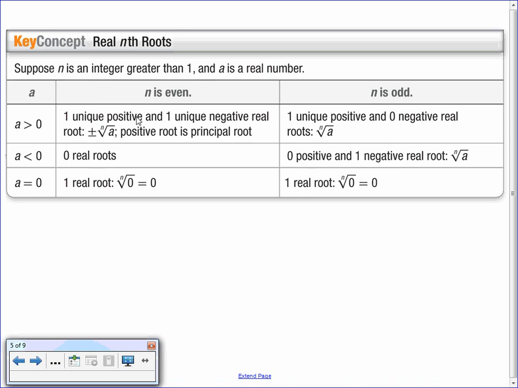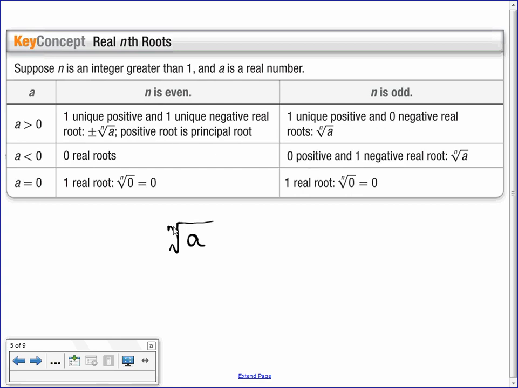Now, if we are looking here at something like the nth root of a, as long as a is a positive number and n is even, then you're going to have a unique positive and a unique negative real root. So you'll have a positive and negative, and the positive root is considered the principal root.